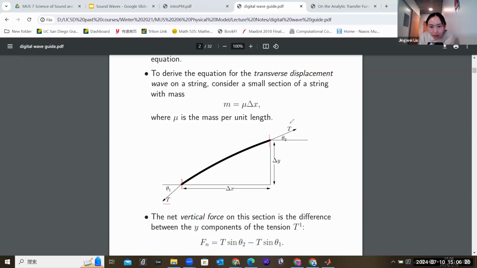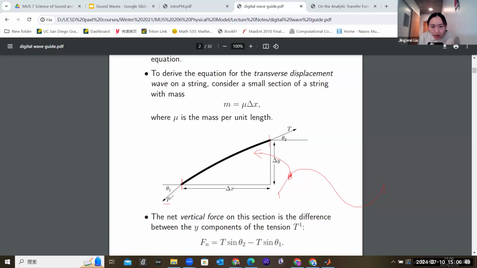This is your string, okay? And this part is taken from a very, very little piece of the string, and you just use this microscope to see this. Okay, so this is a very small part of the string.